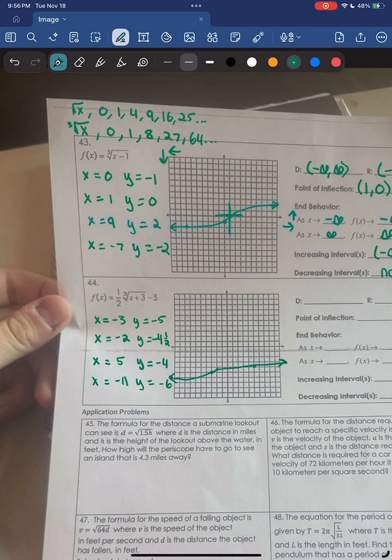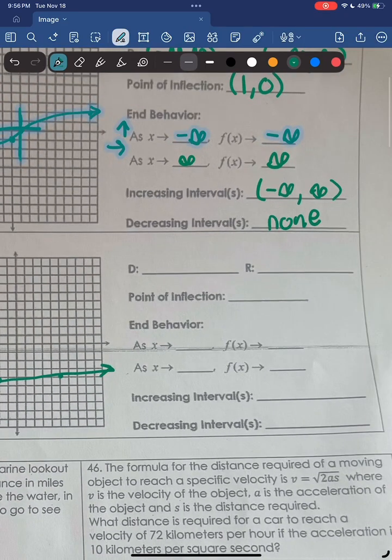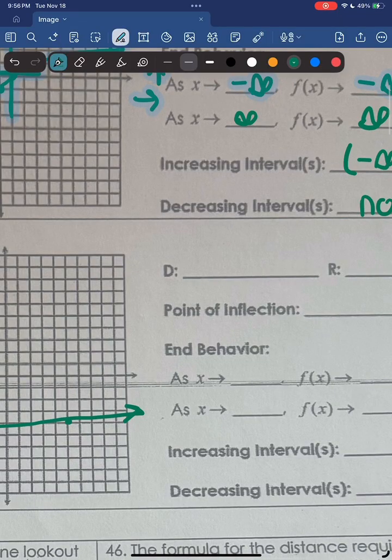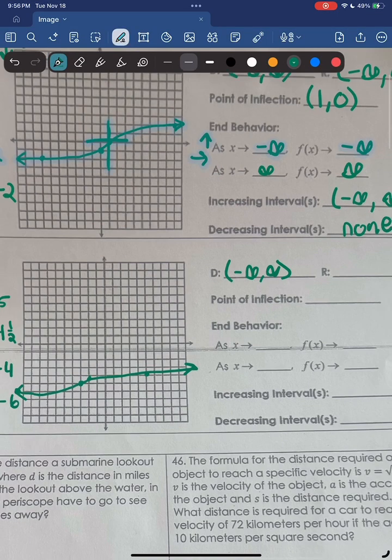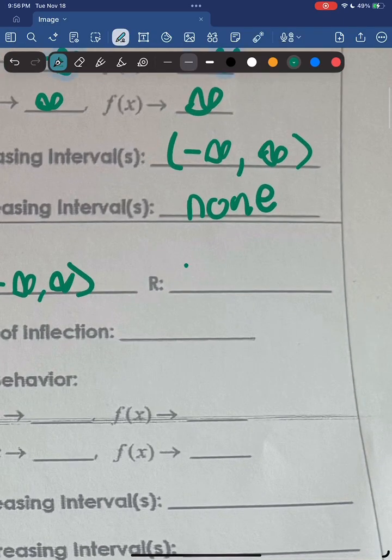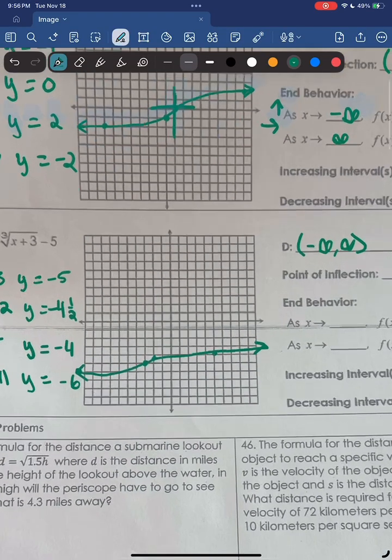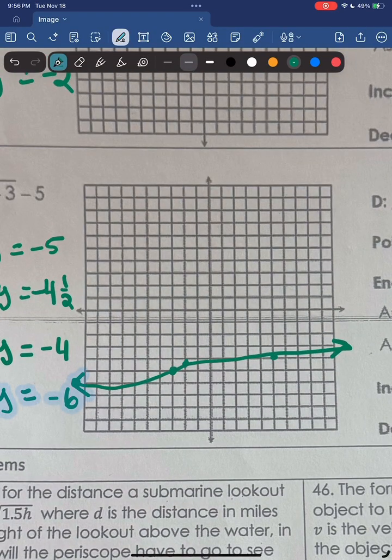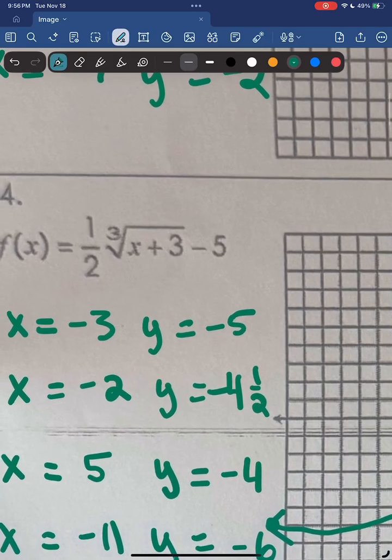Remember, over and down. So our domain is going to be, again, from negative infinity to positive infinity. There's nowhere where we have problems. Range is also going to be from negative infinity to positive infinity. Our point of inflection is where it's going to be flipped. Our point of inflection actually comes from the inside x value here.